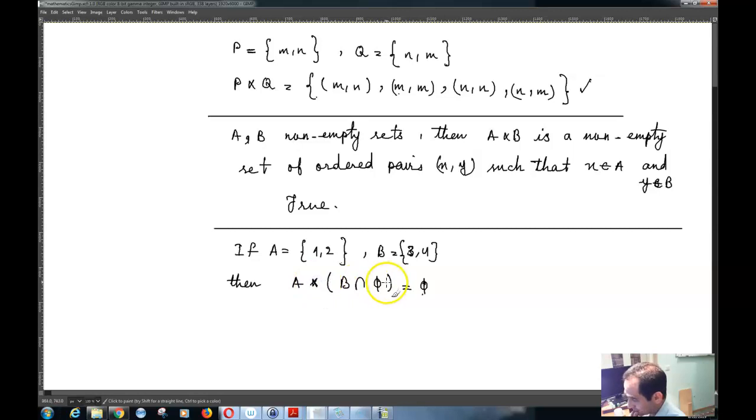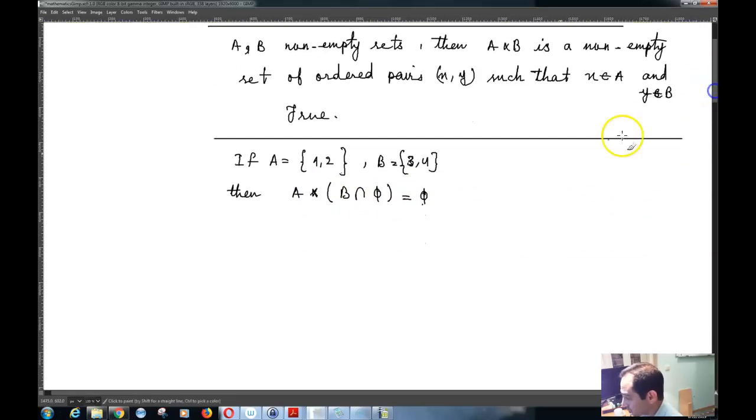The intersection of any set with the null set is of course the null set. And if you have the Cartesian product of any set with the null set, it's going to be the null set. So this is true. So number 4 is true. It doesn't really matter what A and B are, since this statement applies to any A and B really.